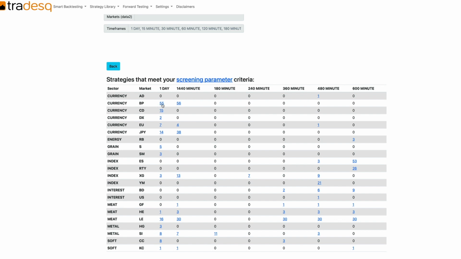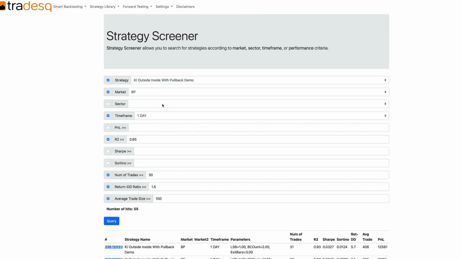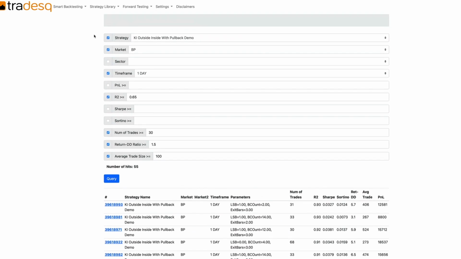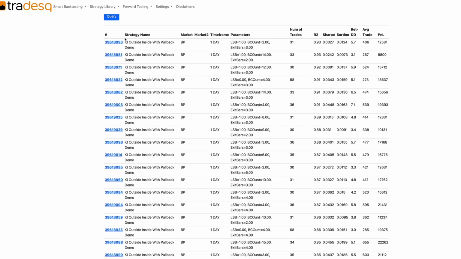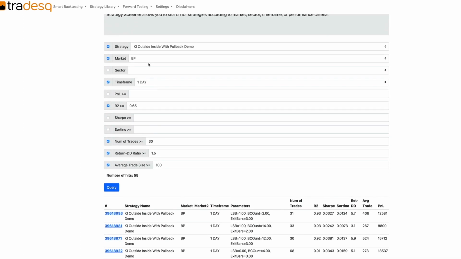And this is a link. We can click on that. This will take us to the strategy screener. And this information is just our screening information printed here for reference. And then what we see is the individual back-tested runs that met our screening parameters.